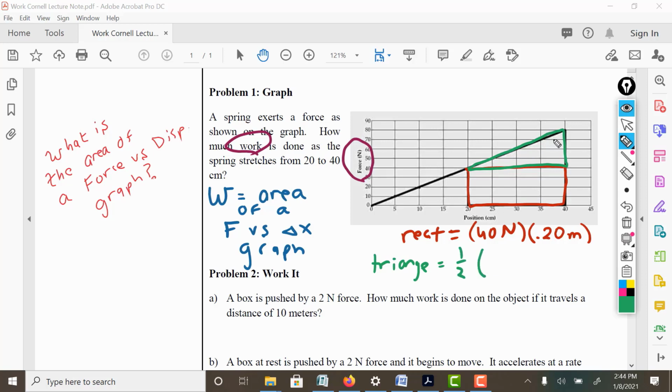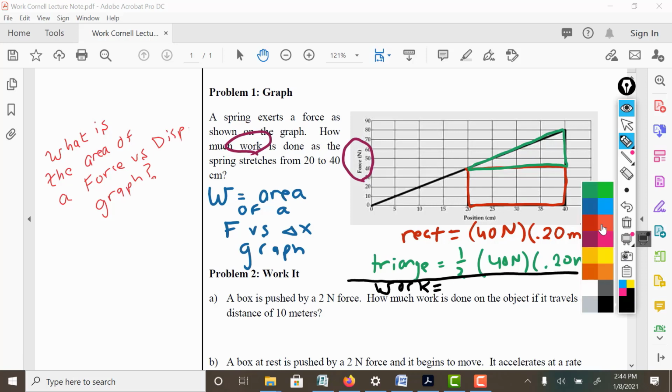The height of this is another 40 newtons, and it happens to also be 0.20 meters. If we put those together, we get the total area, we get the work. So 40 times 0.2, that's going to give me 8 joules. And then the triangle is going to give me 4 joules. So the total work done is going to be 12 joules.